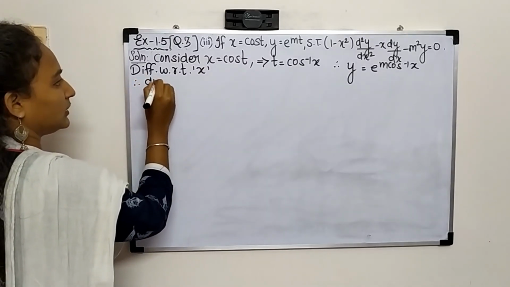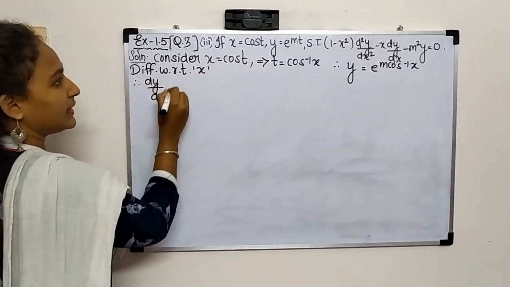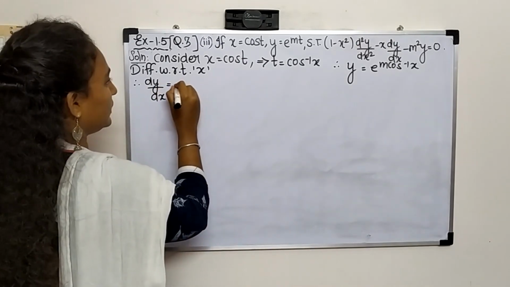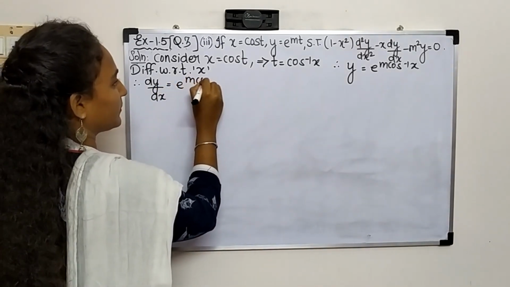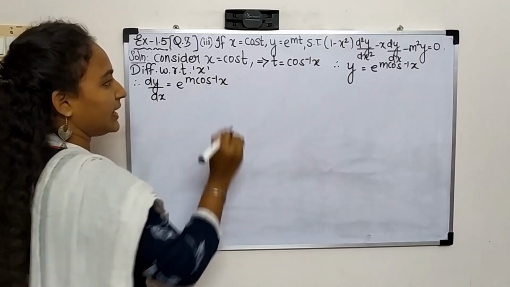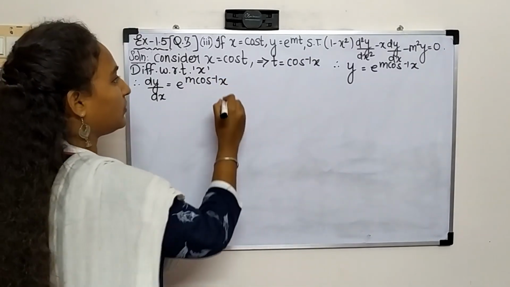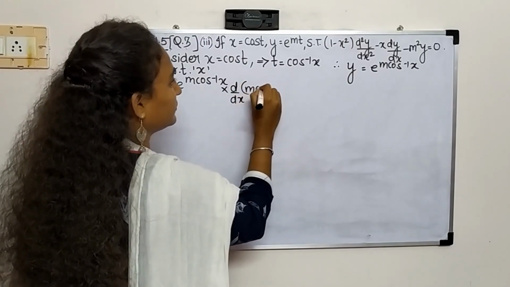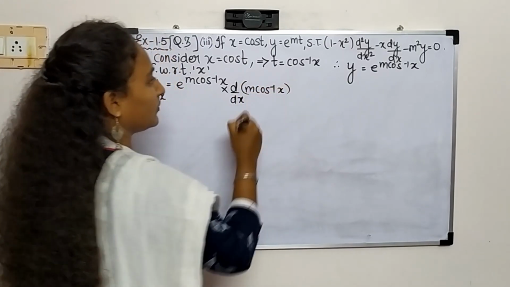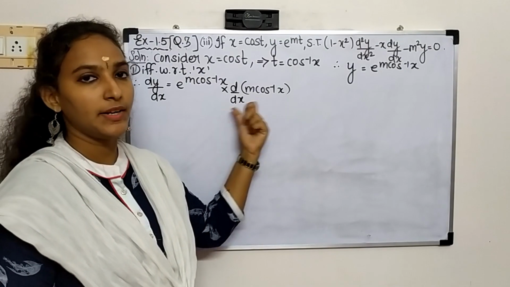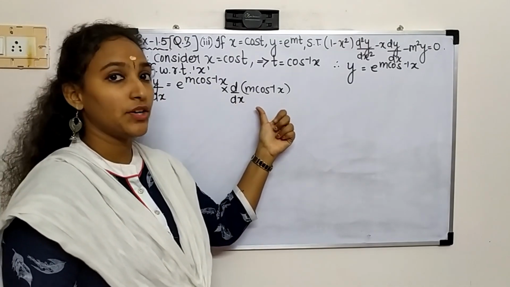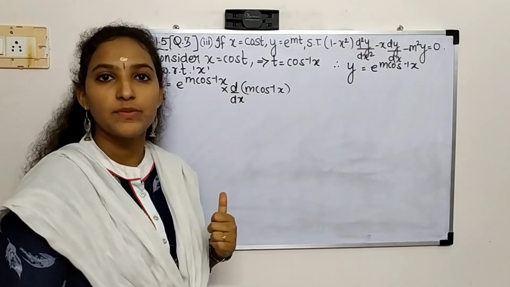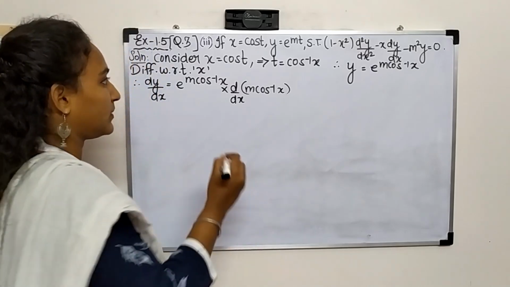Therefore, dy by dx is equal to e power m cos inverse x and the derivative of m cos inverse x. Since m is a constant, it will stay out, and the derivative of cos inverse x is minus 1 upon root 1 minus x square.